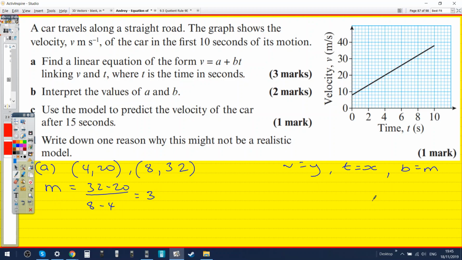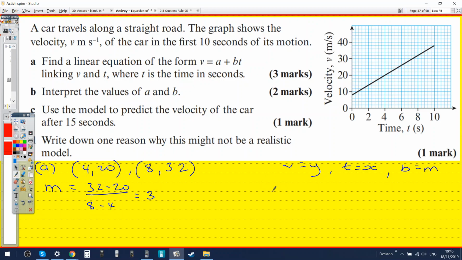And so, does that mean that to find a, I need to sub in v, b, and t? Sure.